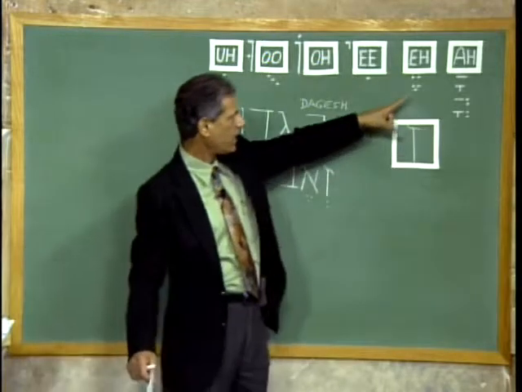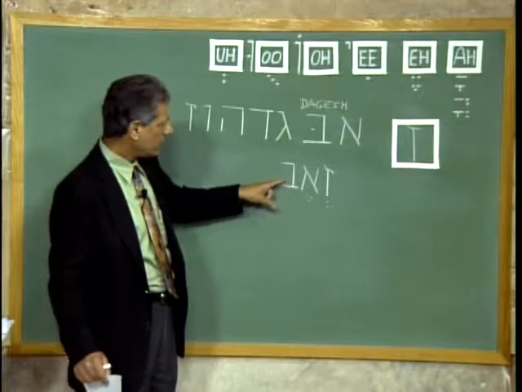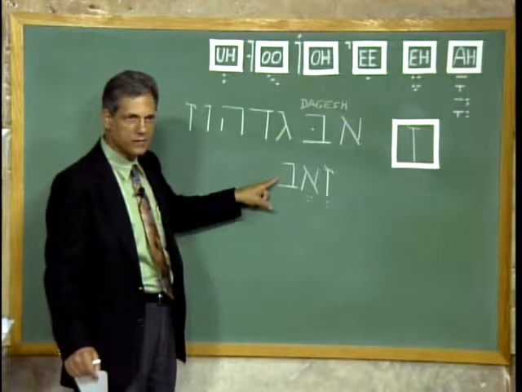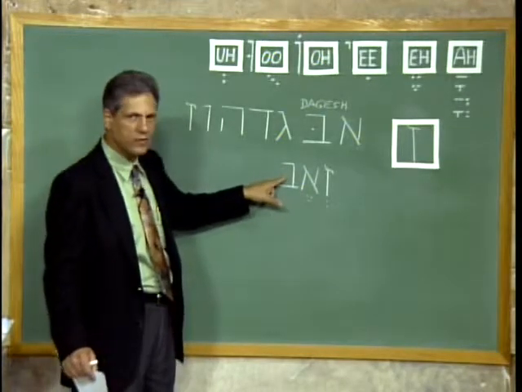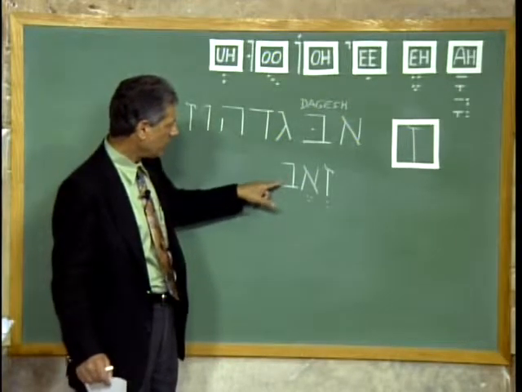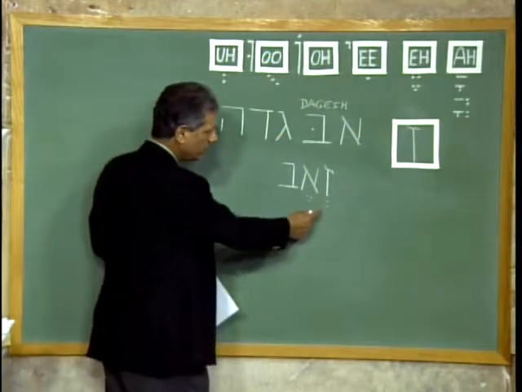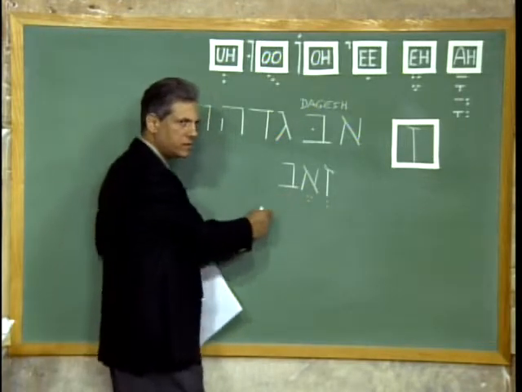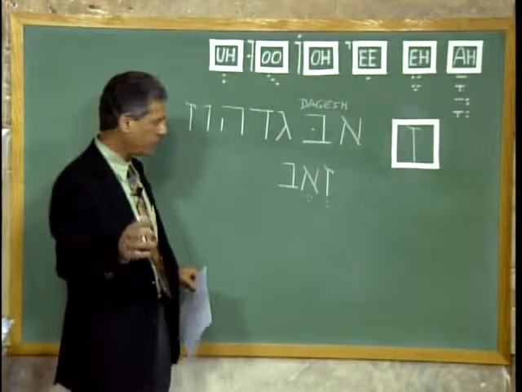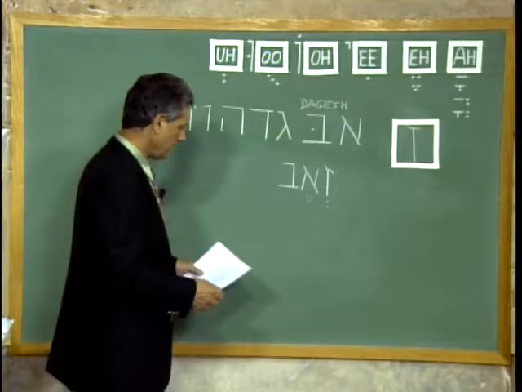Z, A. And here's the letter Bet. It does not have a dot in the middle to make it a B, so it's a V sound. So we have Z, E, V. Ze'ev happens to be a wolf in Hebrew. But as I said before, these are just exercises.